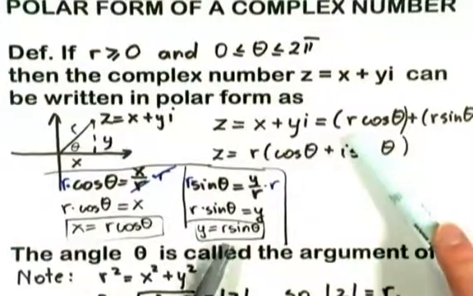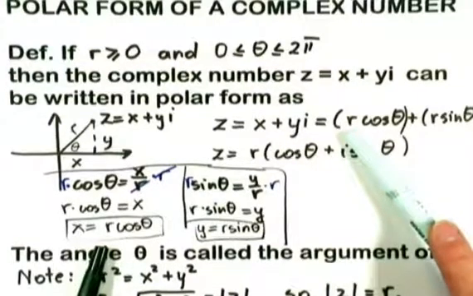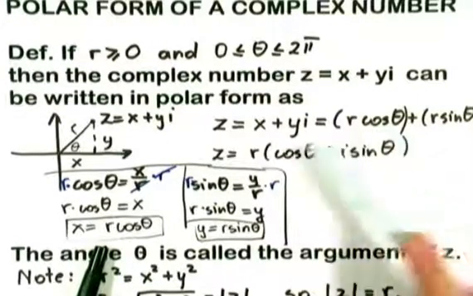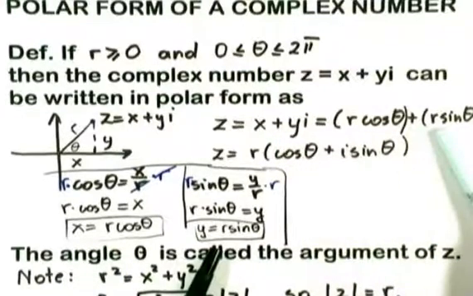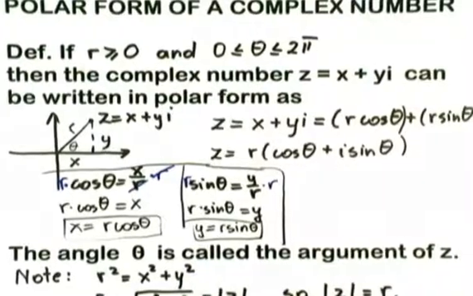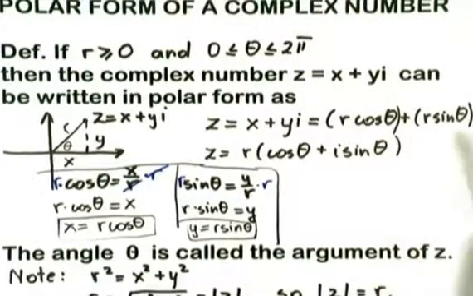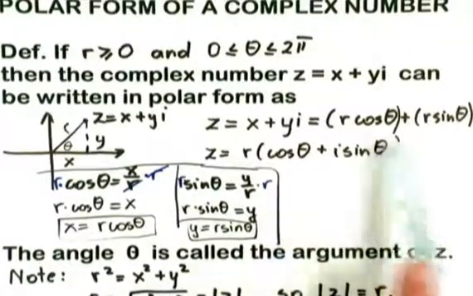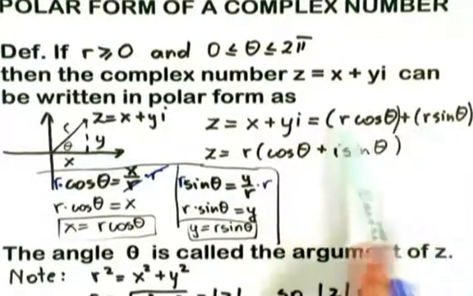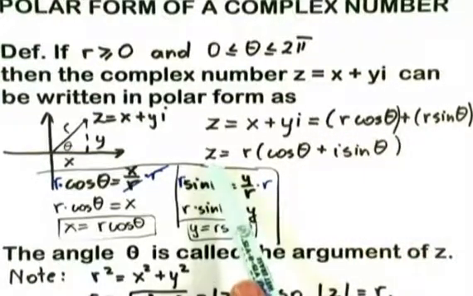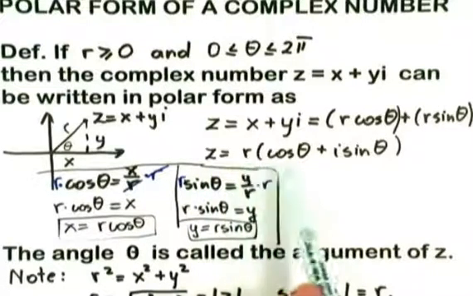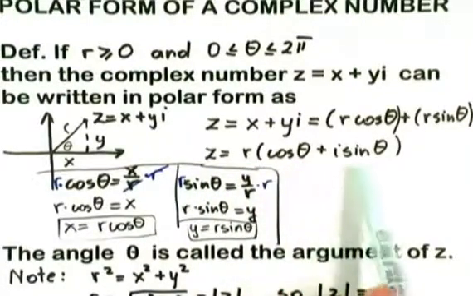So I substitute for my x and I have r cos theta plus, instead of y I'm substituting r sine theta, and then at the end we have that i. Then I can just rearrange this and factor r out. So the polar form of a complex number is z is equal to r (cos theta plus i sine theta).